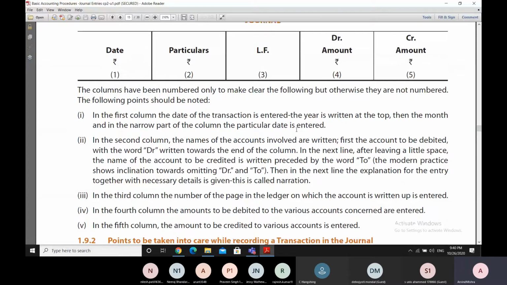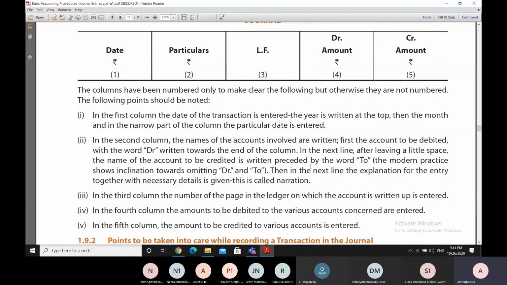In the second column, the names of the accounts involved, like particulars, which accounts are involved. First, the account to be debited with the word debit is written towards the end of the column. And in the next line, after leaving some space, we write the name of the account to be credited.